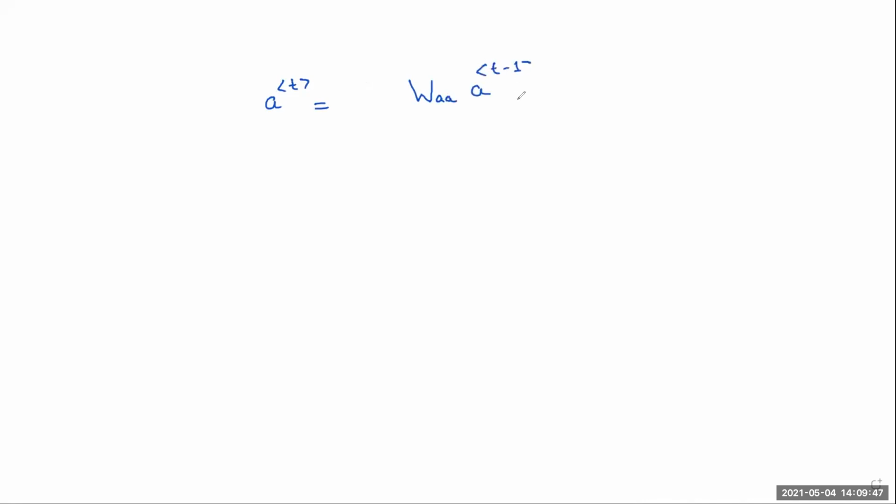Then we multiply an input matrix with the current input, which is XT. Then we add a bias, let's call it BA, and then we apply some activation function, let's call it G. Since we have to use this expression frequently, there's also a compact way of writing it. It is exactly the same thing, but a compact notation.